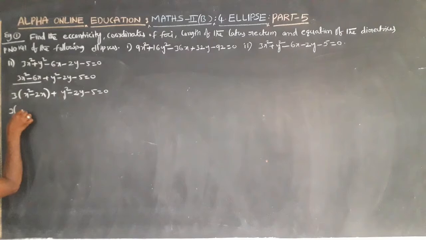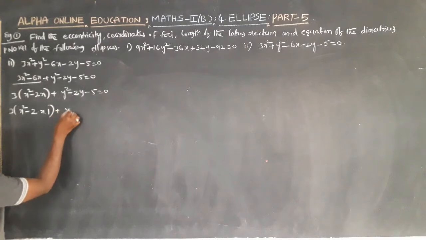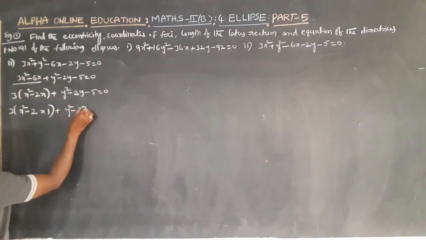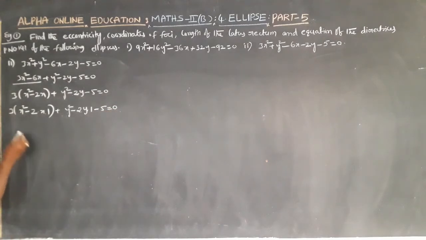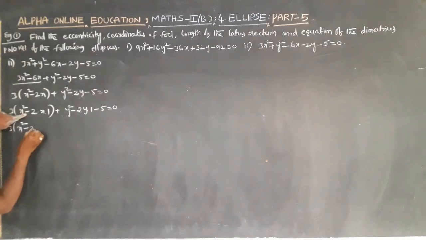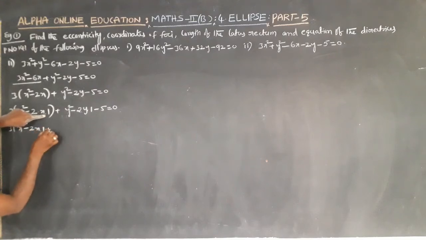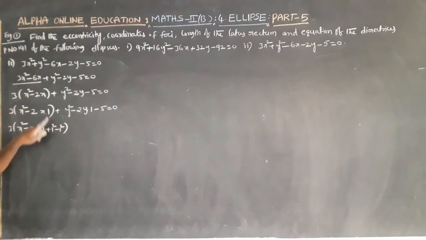Again, 3 into x² minus 2x, write it as 2 into x into 1. And y² minus 2y, write it as 2 into y into 1. This is of the form a² minus 2ab, so for b² we add and subtract 1², since here b is equal to 1.